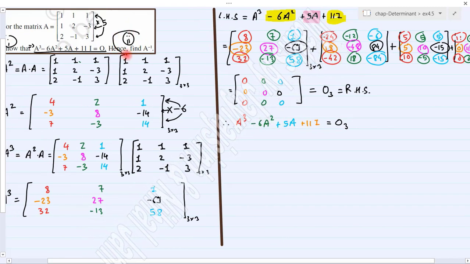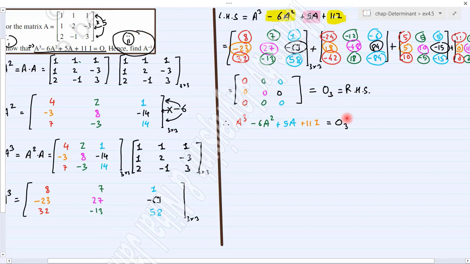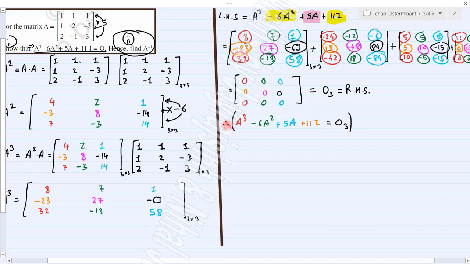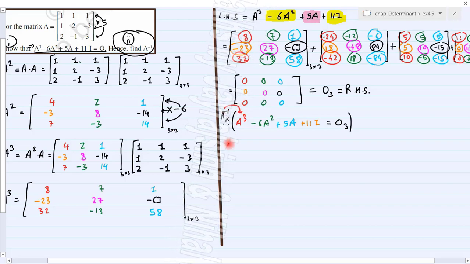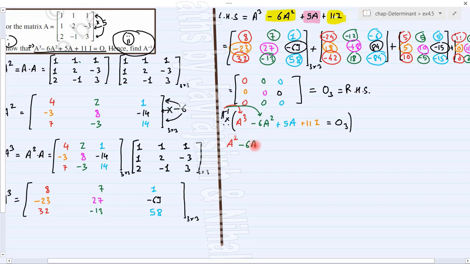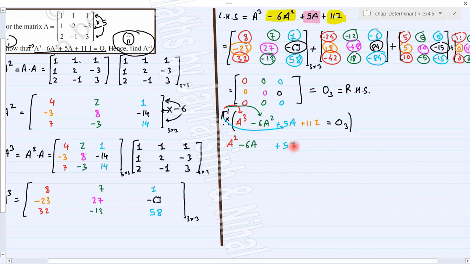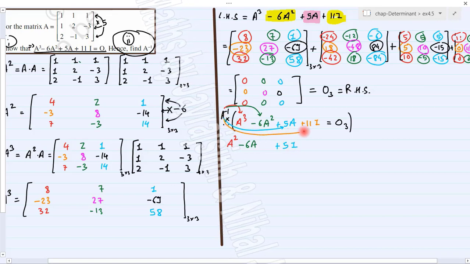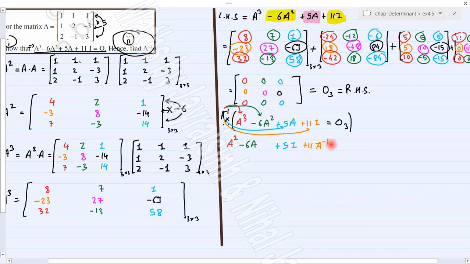Now let's try to obtain A inverse using this equation, and for that we have to multiply the whole equation with A inverse. So A inverse into A cube will give us A square, then A inverse into 6A square will give us 6A, then A inverse multiplied with the third term will give us 5I, and A inverse into 11I will give us 11A inverse.